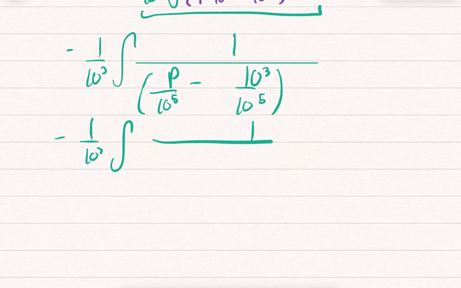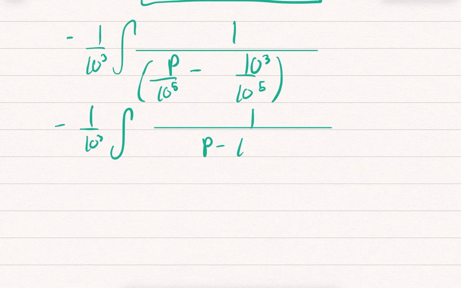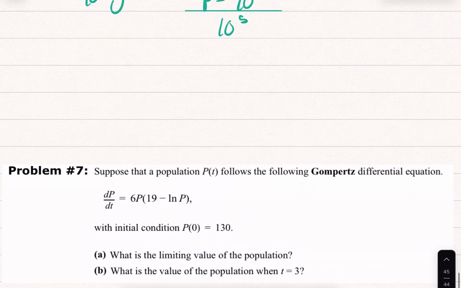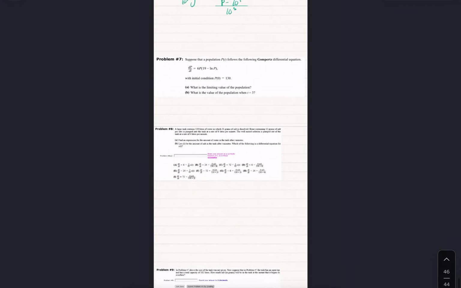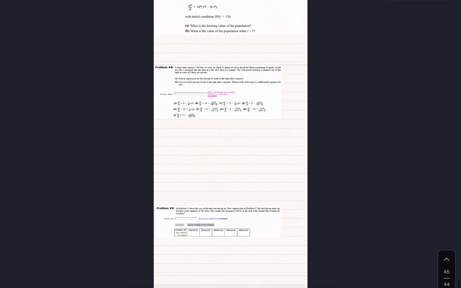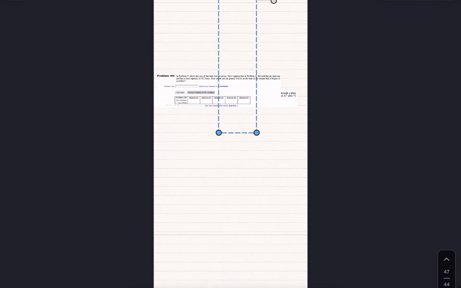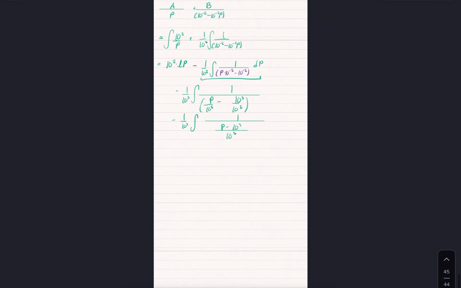And this is why I tell you this question is a little bit annoying, because if you mess up at any step, the whole question's wrong. And this is 10 to the 5. All right, now we're back to moving around all the questions just to make space. Okay.